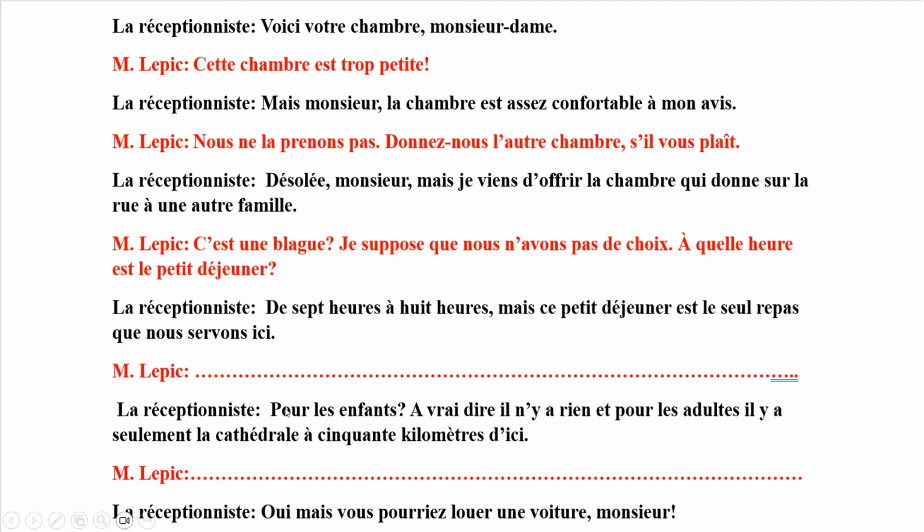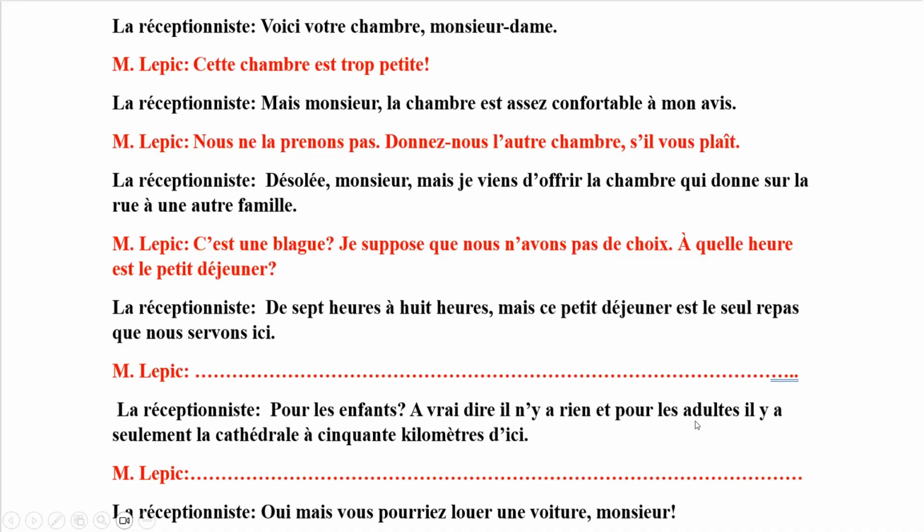So the receptionist says here, pour les enfants, à vrai dire, il n'y a rien. Et pour les adultes, il y a seulement la cathédrale à 50 kilomètres d'ici. For children, to be honest, there isn't anything.